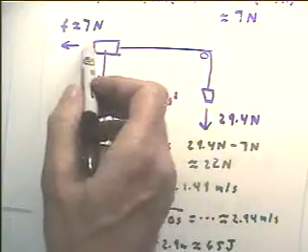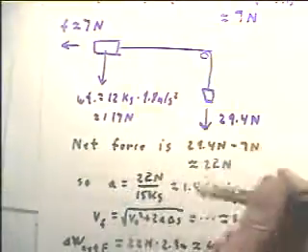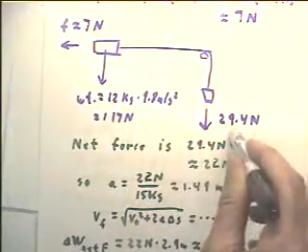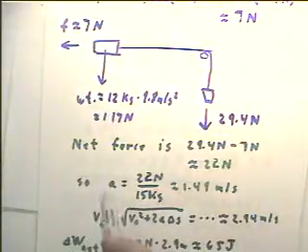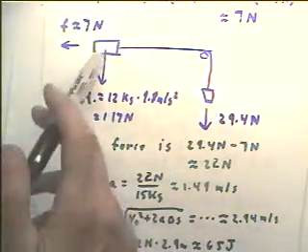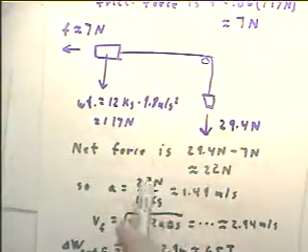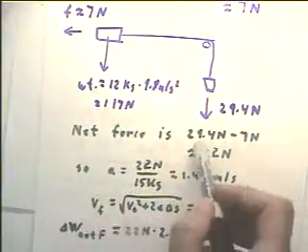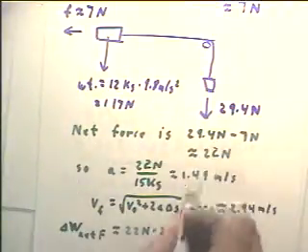Now, with a frictional force of 7 newtons tending to retard the system's motion, the system, of course, trying to move in this direction with a 29.4 newton force, we get a smaller net force than before. The friction decreases the net force that we would otherwise have if there was no friction. So the net force is 29.4 newtons minus 7 newtons, and we're just going to say it's about 22 newtons.